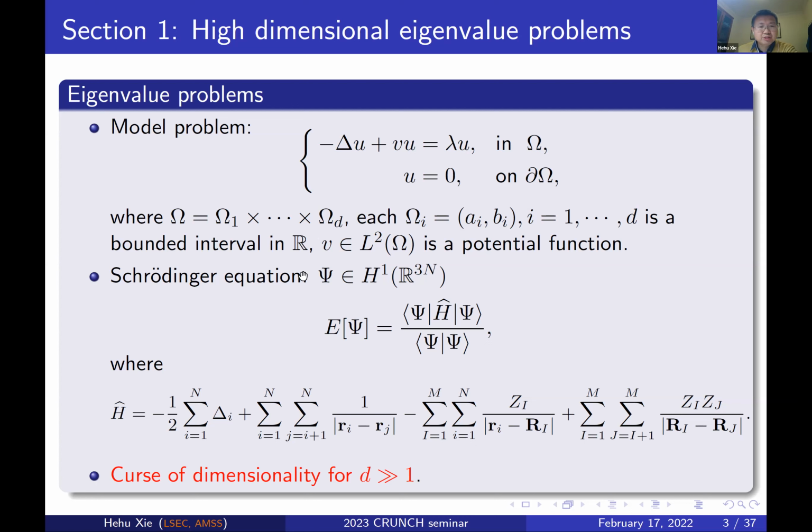Capital N denotes the number of electrons, so the dimension of this problem is 3 times N, which is large when the number of electrons is large. So this is also a high-dimensional eigenvalue problem, and capital H denotes the Hermitian operator from quantum mechanics.